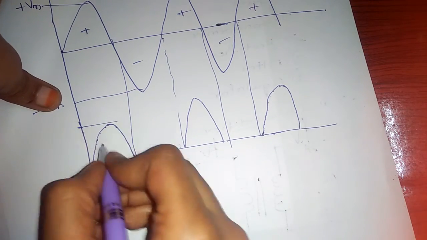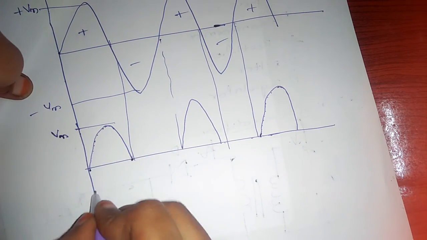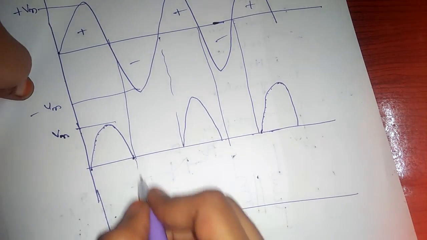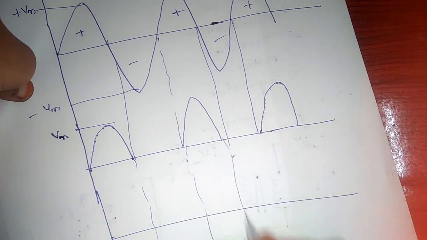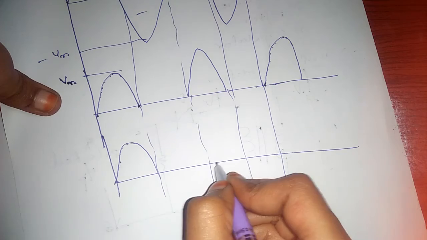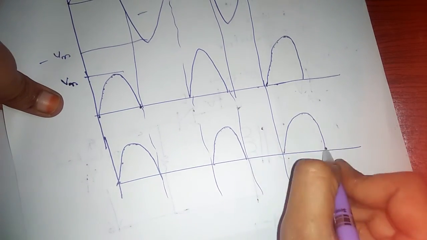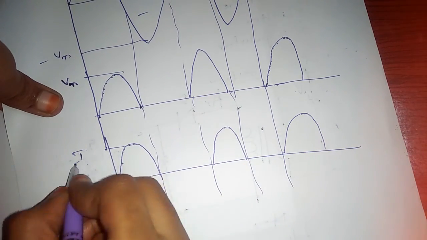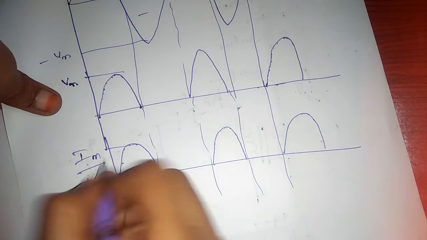Here we have Vm, and we can also get the same form for Im. So this is the half-wave rectifier.